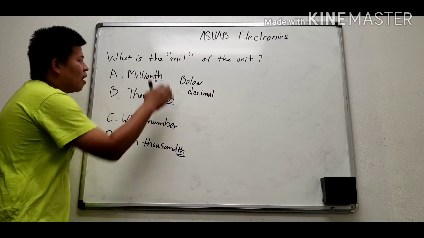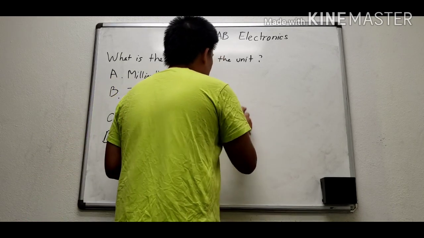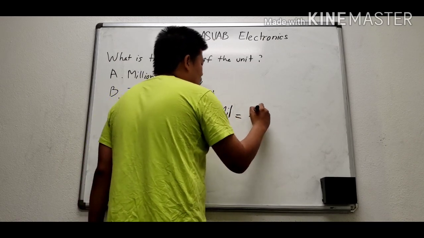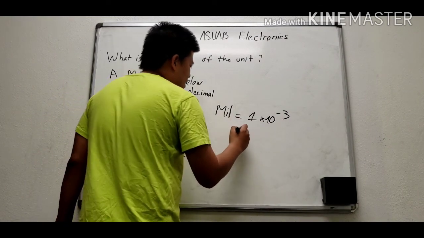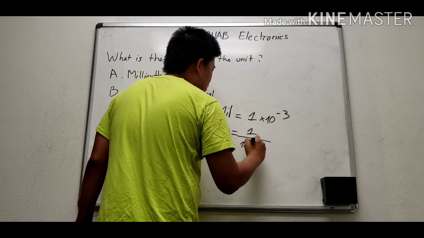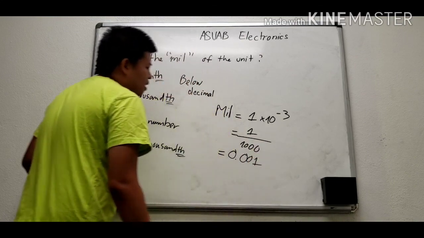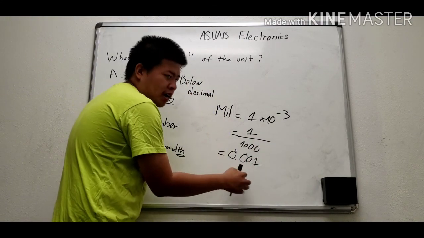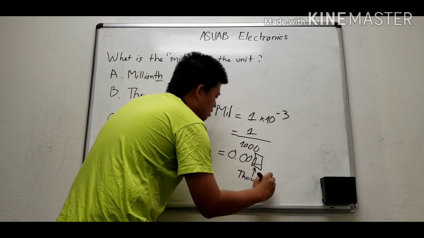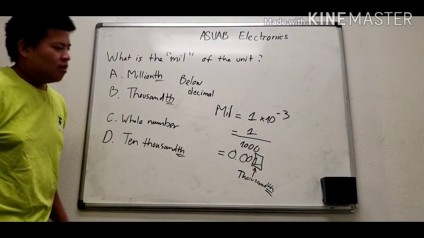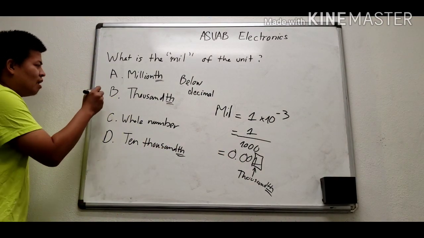Milli is 1 multiplied by 10 power minus 3, and 1 times 10 power minus 3 is 1 divided by 1000. In 1000 we have 0.001, and the number 1 here is about one thousandth, which is below the decimal on the right side. So the answer key for this question is B.